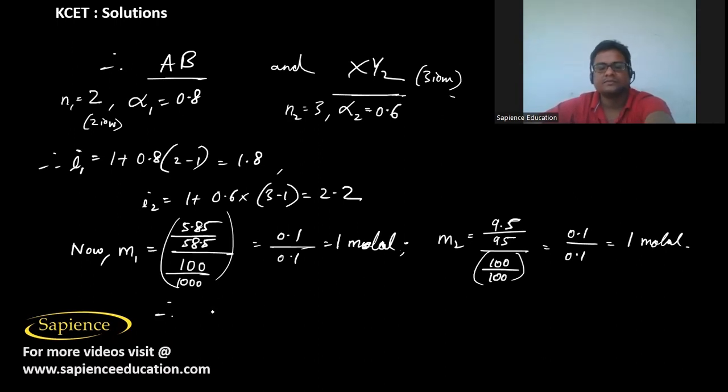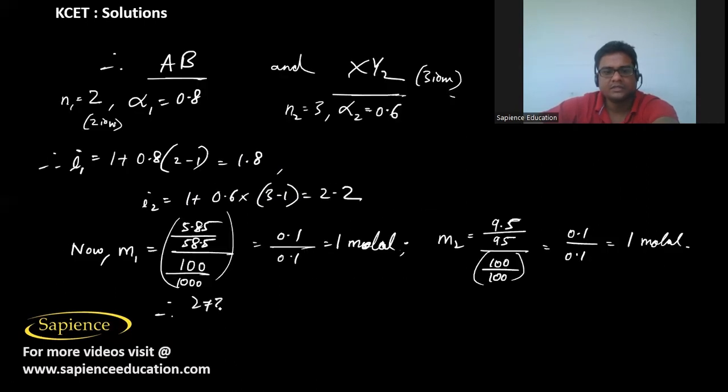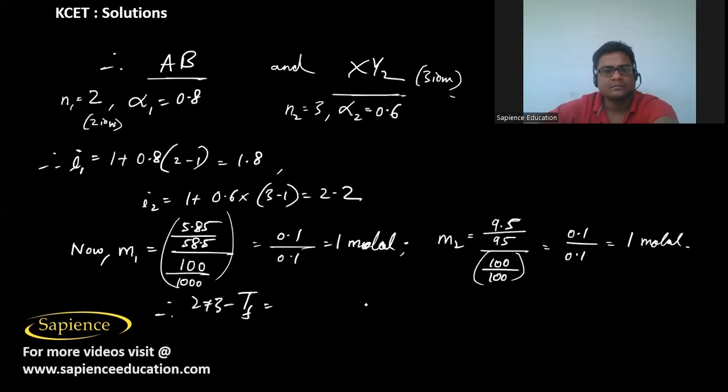Now therefore, delta TF, it means TF naught, that is 273, minus TF, that is equals to I1 M1 plus I2 M2 into KF, it is 1.86.